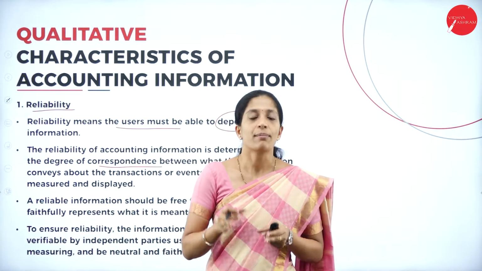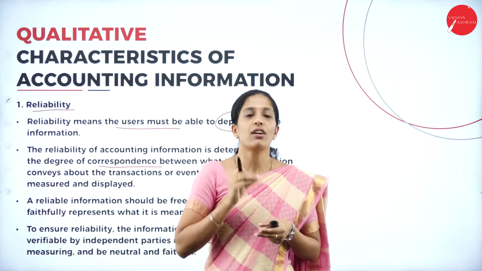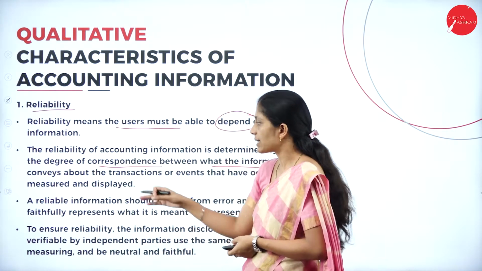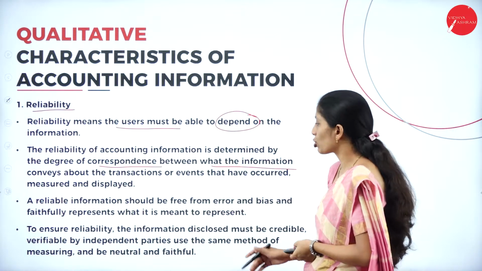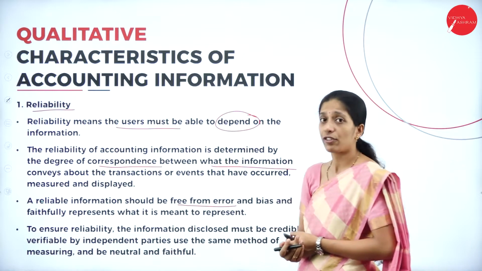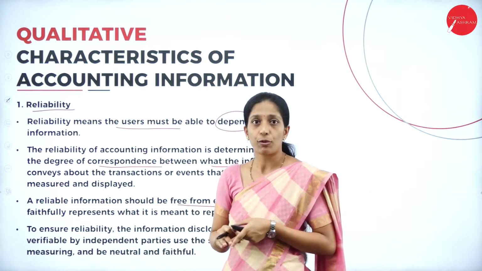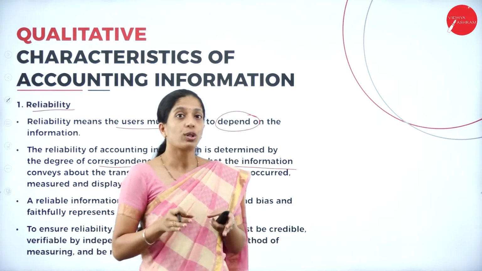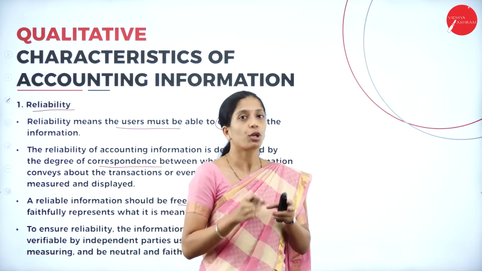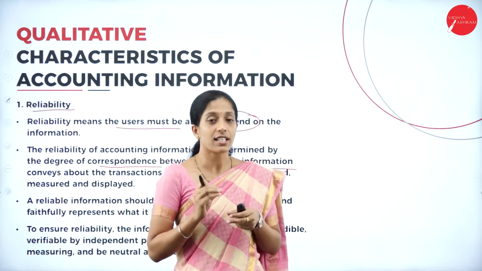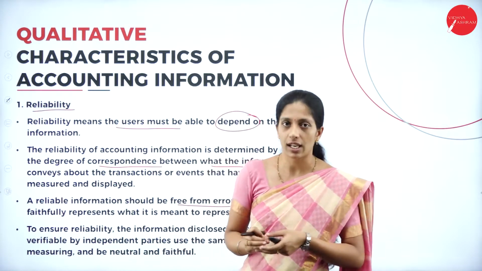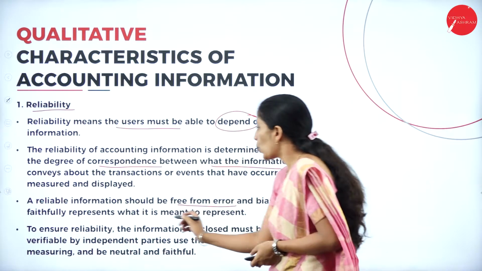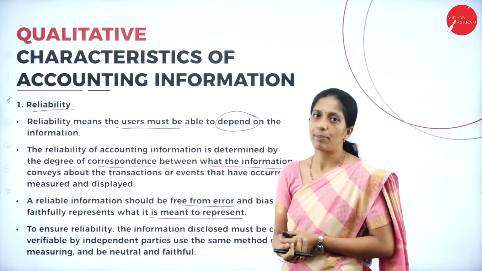At the same time, the user has to depend on accounting information in order to take the right decisions. A reliable information should be free from error. Of course, based on the accounting information, major decisions can be taken by the users, so the accounting information should be free from errors. In the sense, it should be accurate in nature, free from bias, and faithfully represent what it is meant to represent.